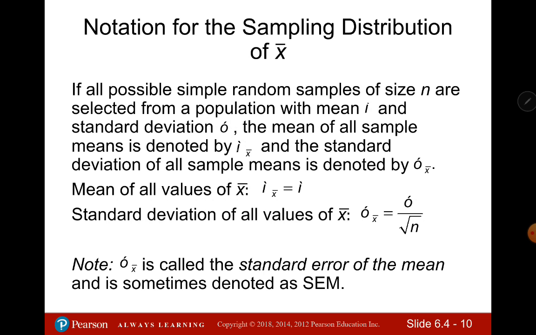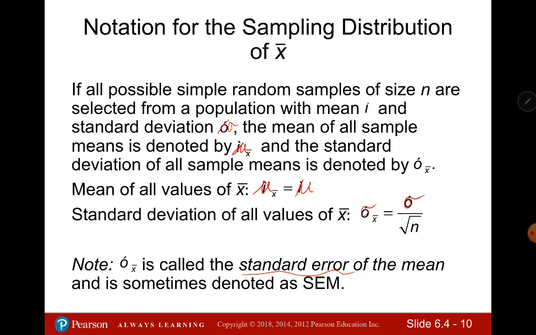So this is sigma, and this is mu. Just like I said, we call it standard error. The standard error means the population standard deviation divided by square root of n.